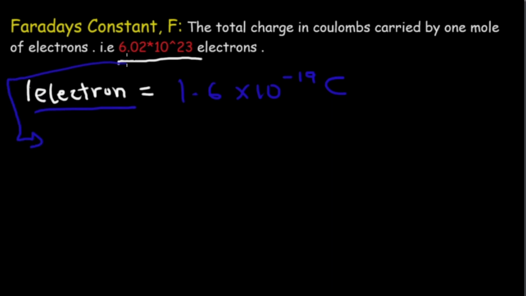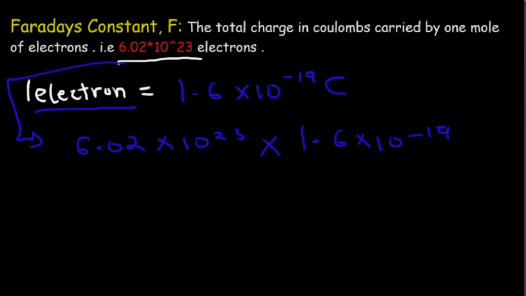Which means 6.02 times 10 to the power 23 electrons will carry a charge of 6.02 times 10 to the power 23 times the amount of charge carried by one electron, right? 1.6 times 10 to the power negative 19 coulomb.